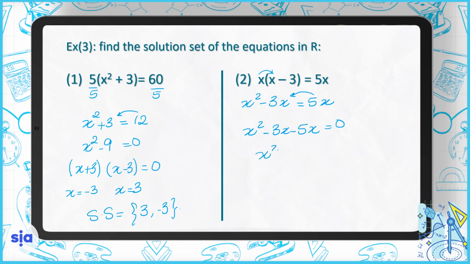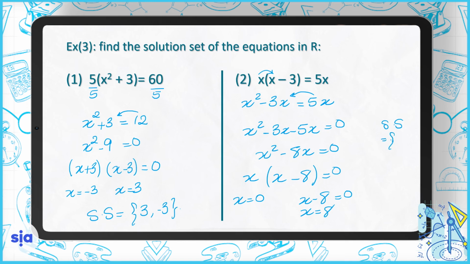Then x² minus 8x is equal to 0. So x as factored will be x times (x minus 8) equals 0. So here x is equal to 0 and x minus 8 can also be equal to 0. So x equals 8. So the solution set for this question is 0 and 8.